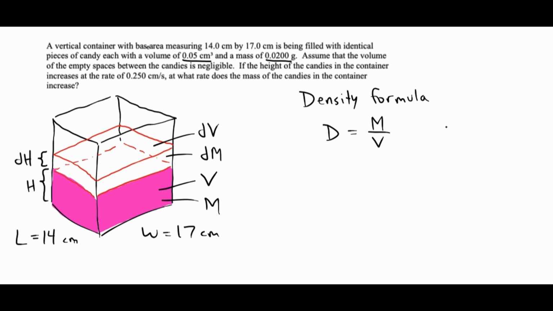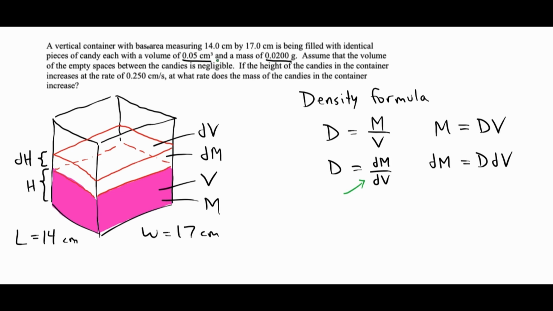We can rearrange that to get the m on one side and the v on another. And then we want to differentiate implicitly, making this into dm equals d times dv. You might also see it written in this form, dm over dv.